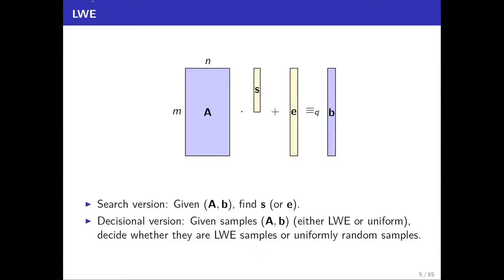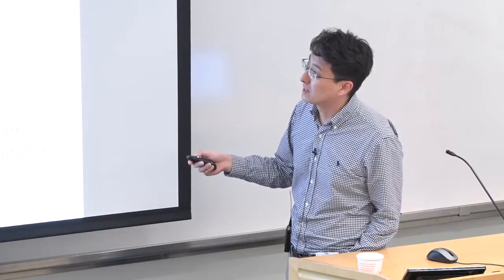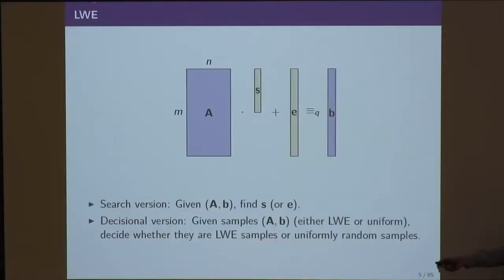This is a visualization of the LWE problem. Given the uniform A, I have secret S and E, and B is given, so the problem is to recover S or E given only A and B. The decisional version of the problem is: given samples A and B, either they come from LWE samples or they come from uniform samples.